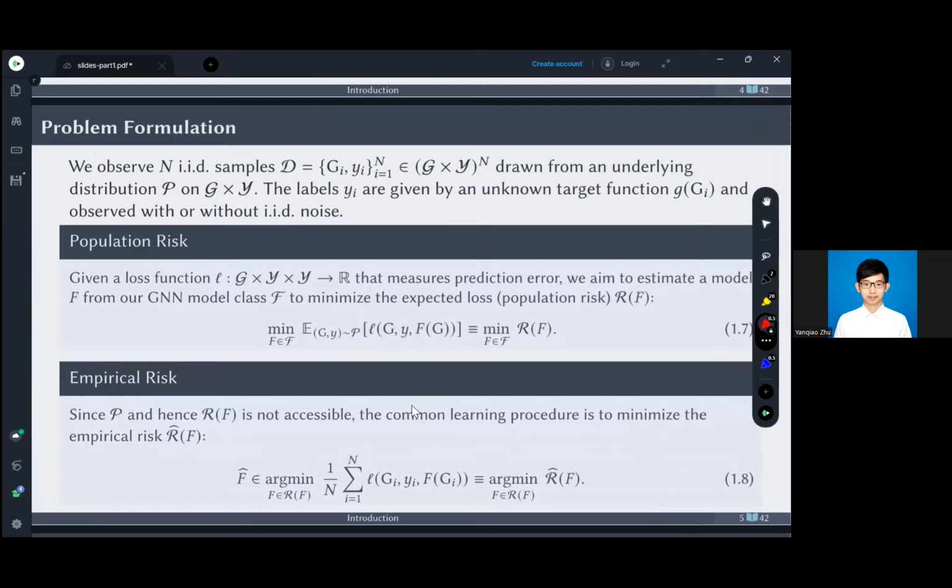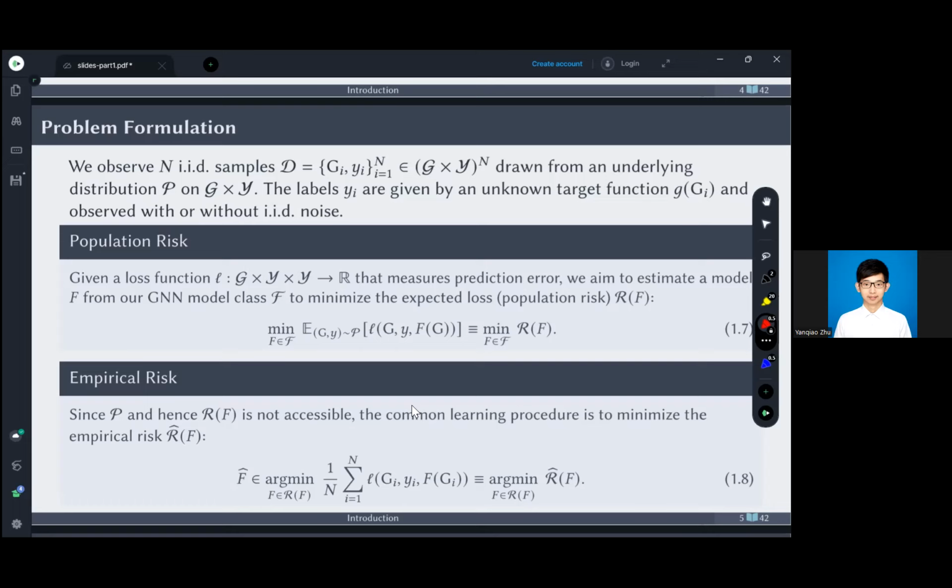Regarding the theoretical aspects of graph neural networks, we have n input samples. Usually they are independently and identically drawn from some underlying distribution D times Y, where Y is the label space.